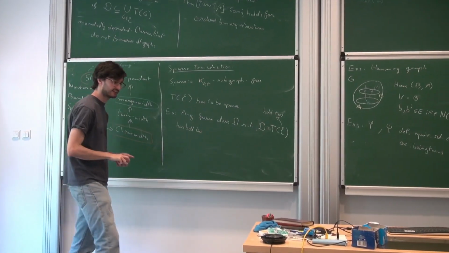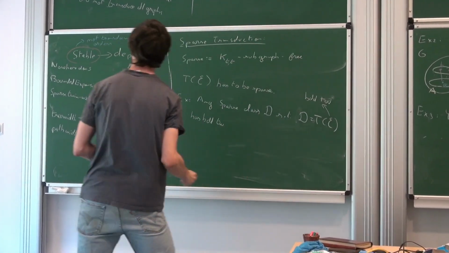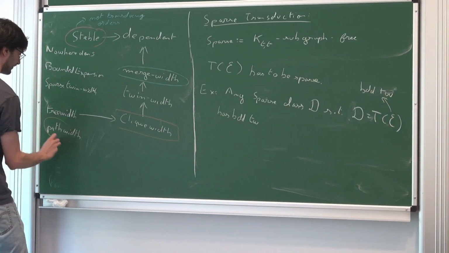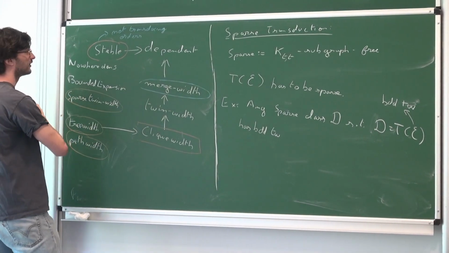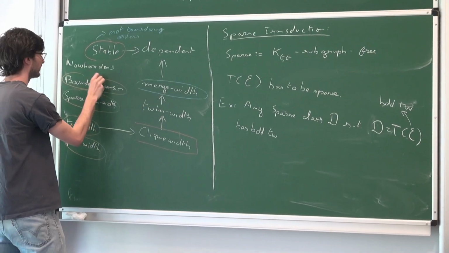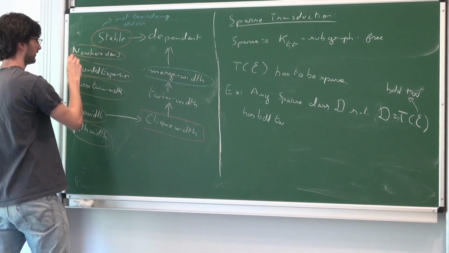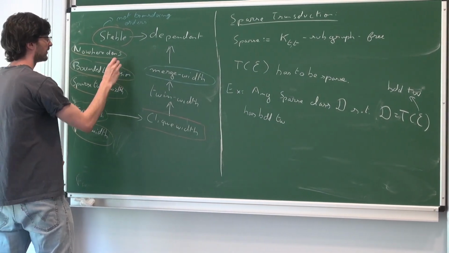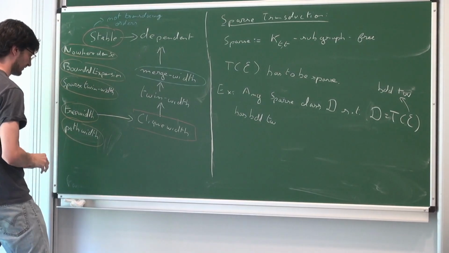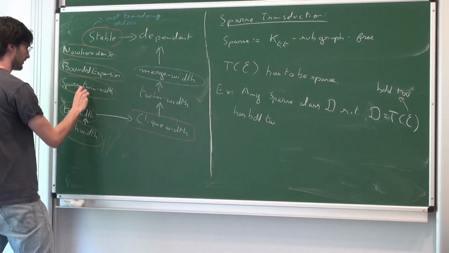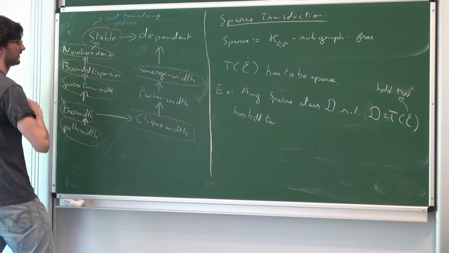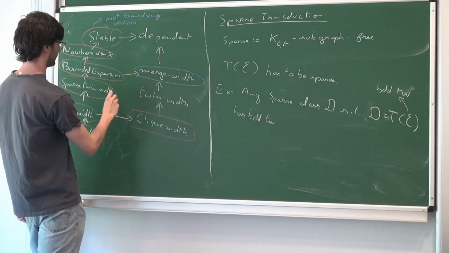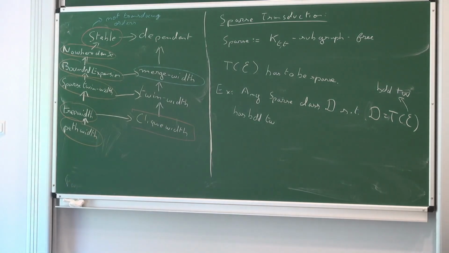So all those classes are only closed for sparse transductions. And we have a chain of inclusions, which looks like this.